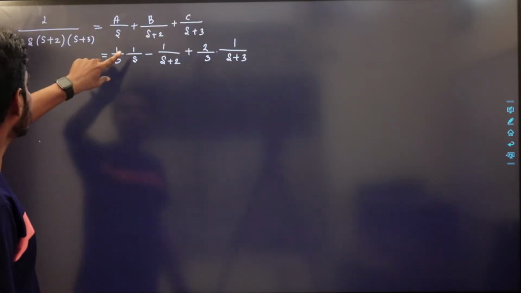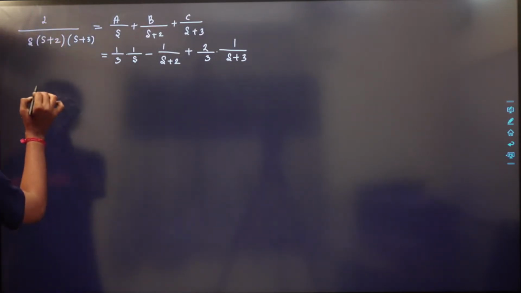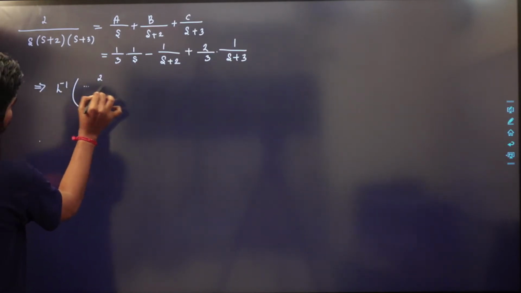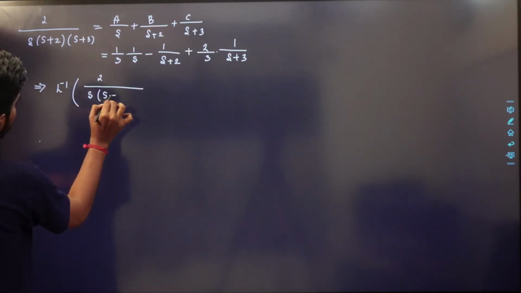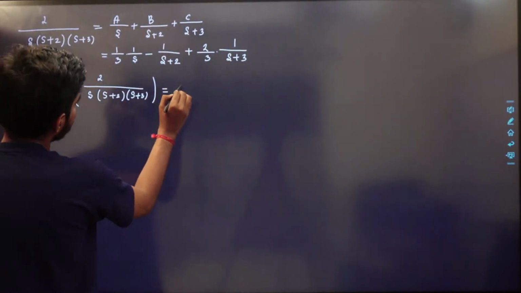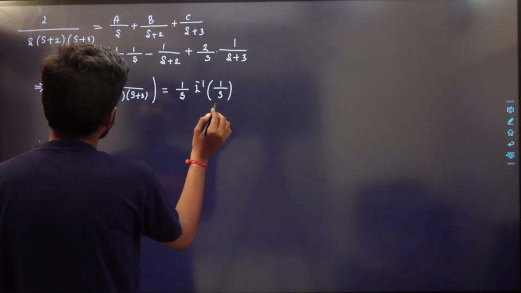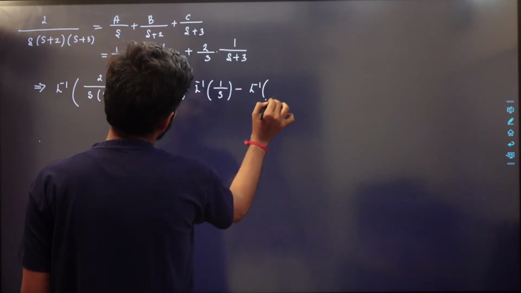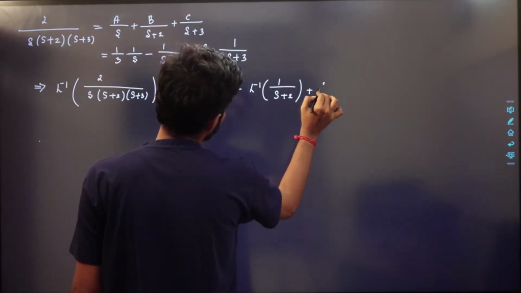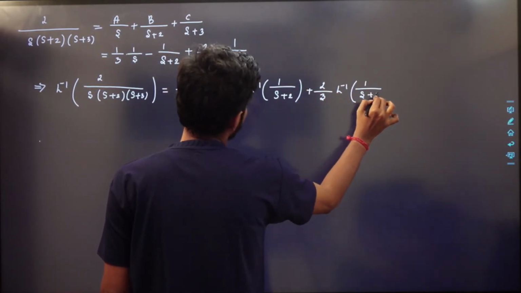So L inverse of 2 divided by s into s plus 2 into s plus 3 is equal to 1 by 3 L inverse of 1 by s minus L inverse of 1 by s plus 2 plus 2 by 3 L inverse of 1 by s plus 3, right?